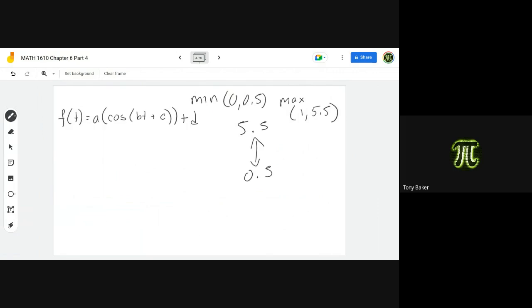If we split this in half, because remember, we're going from the lowest to the highest, and we only want half of that. So I subtract those two: 5.5 minus 0.5 is 5. Divide that by 2, and I get 2.5. That would have been 3, you were right there. So I've got A, and it is going to be negative because we started at the minimum value.